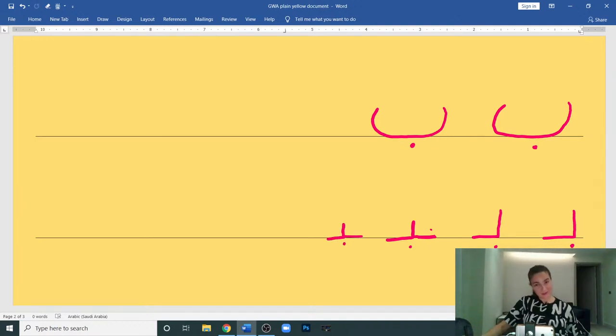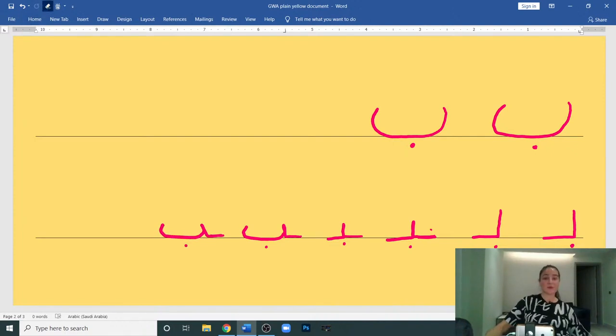I don't usually go fast, but because this is something I explained, I'm just recapping. And then when we start with the new letters, I'm going to go slower. And finally, the last letter, we have a tail, and then we do it as if it's on its own. The alone shape. And this is the final shape actually. Tail, and final shape.